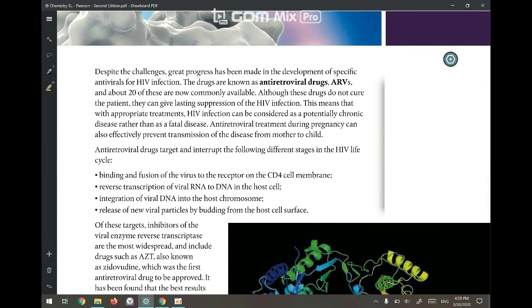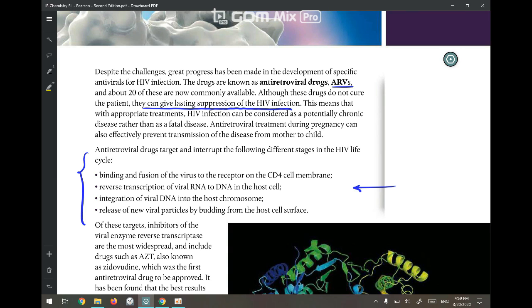On the next page, these four mechanisms of the ARVs or antiretroviral drugs are mentioned. You must know how they act on the virus and how they can prevent the virus from spreading. You must know that these drugs don't cure the patient, but they can give lasting suppression of the HIV infection.